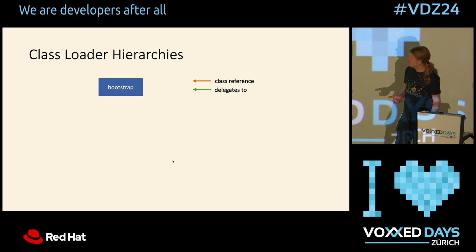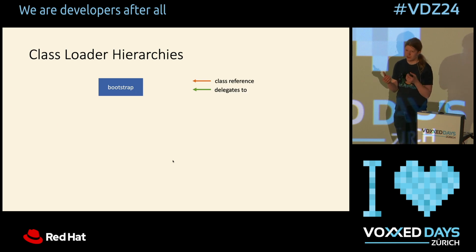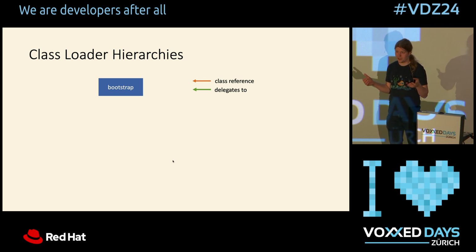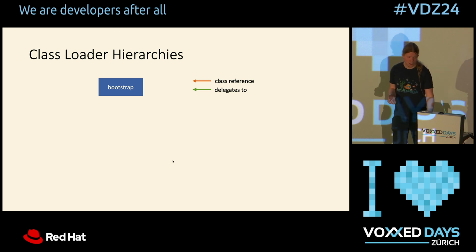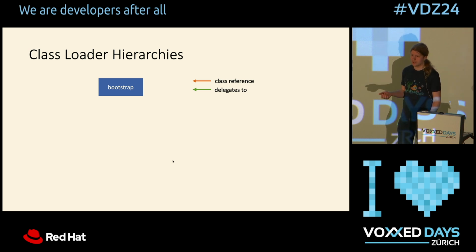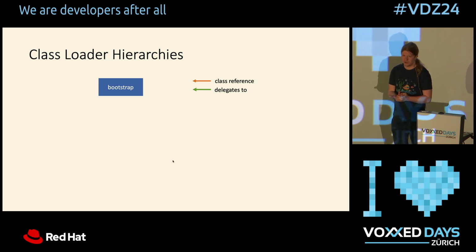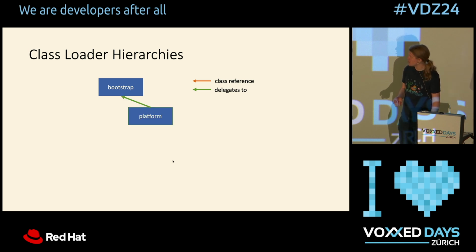You are all hopefully familiar with class loaders. For those of you who are not, it's essentially where Java loads classes, and there's a hierarchy. If your class loader doesn't have this class, it asks its parent class loader, hey, do you have a clue? Typically we have the bootstrap class loader, the top layer, which every other class loader falls back to and which contains some really basic classes.